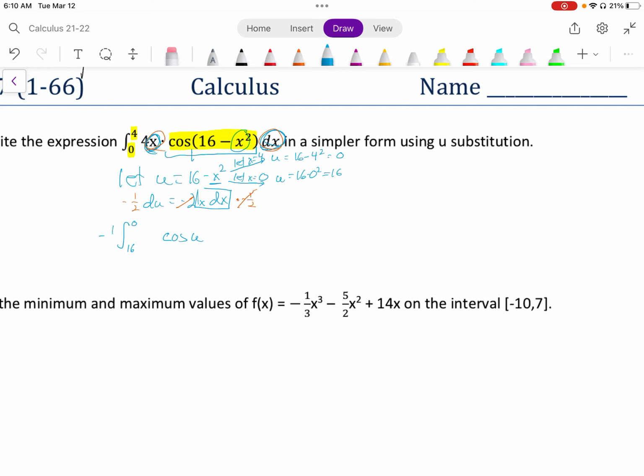Usually we put the constant out here, and we also have this 4 still here, so that 4 needs to go along. Then we can bring the 4 outside, so this is going to be negative 2 cosine of u du. I didn't put the limits of integration here, so it is from 16 to 0.